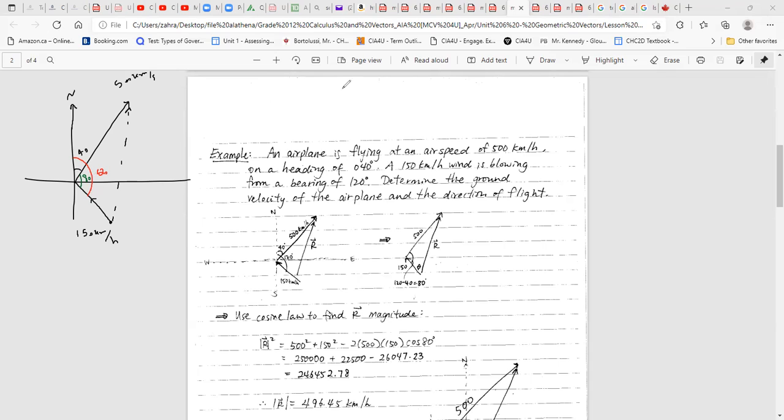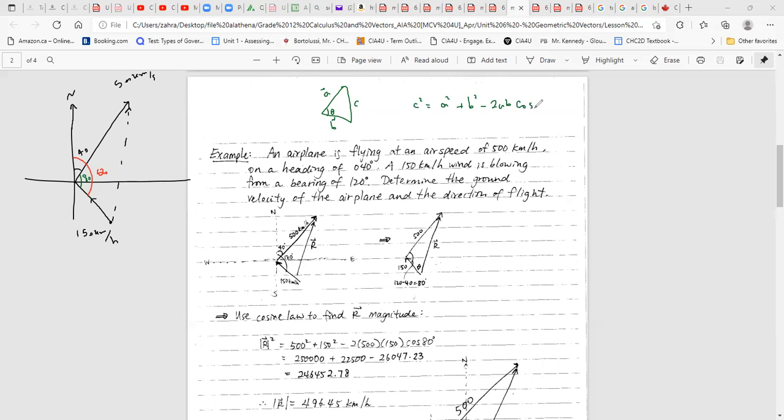So using the cosine law, to remind you, if you have A and you have B, and the angle between them is theta, you can find the third side, which is C. So C squared is A squared plus B squared minus 2AB cosine of theta.